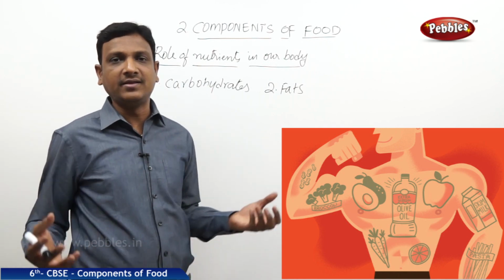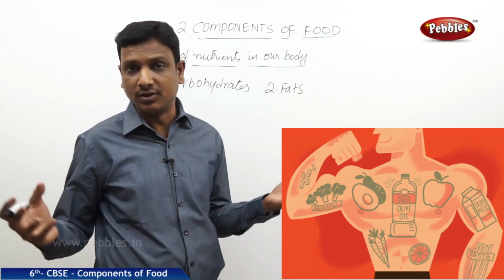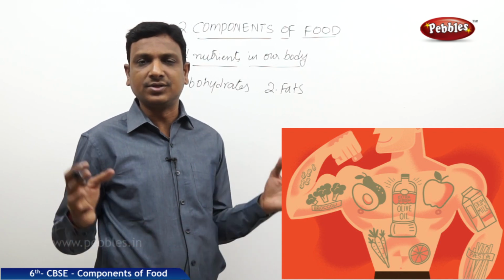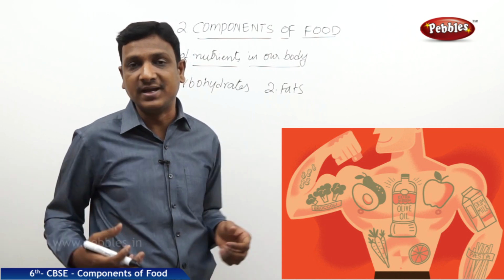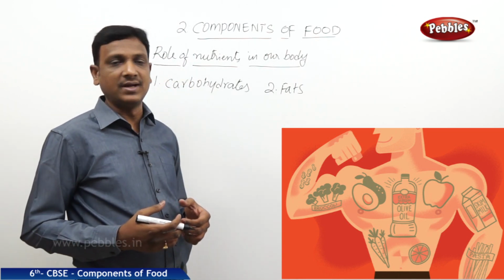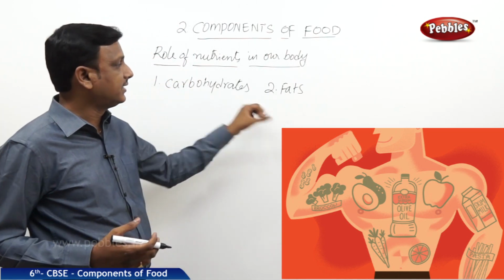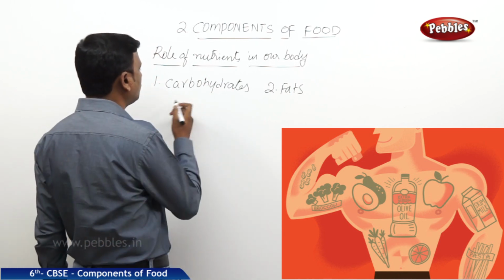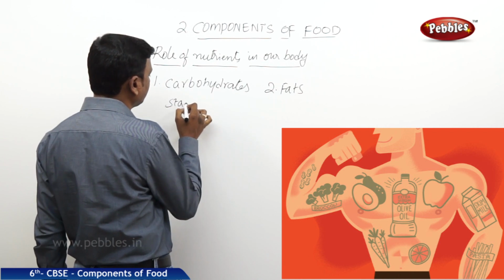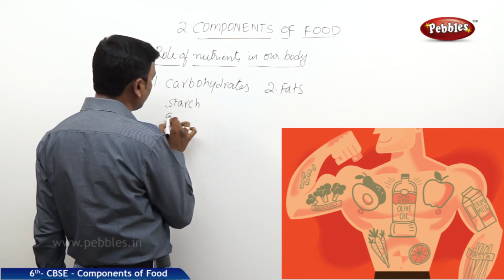Even though you are not doing anything, studying or running or playing, just sitting idle or sleeping, even then your body needs some energy for maintenance, right? So the energy is provided by carbohydrates. The carbohydrates include so many things like starch and sugars.